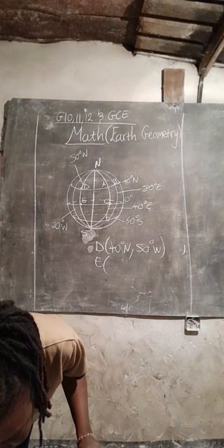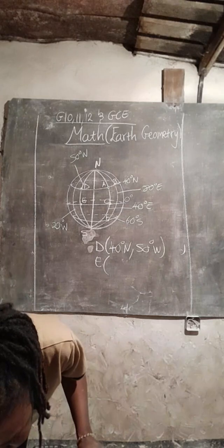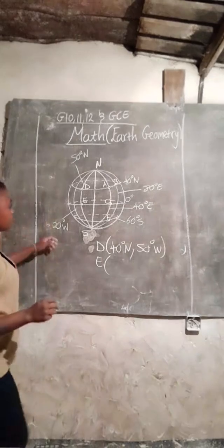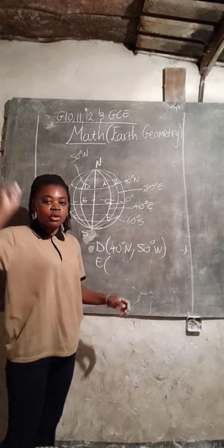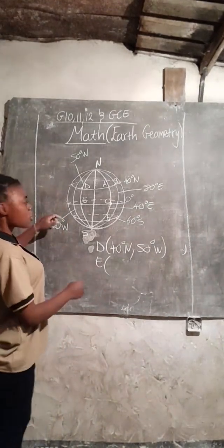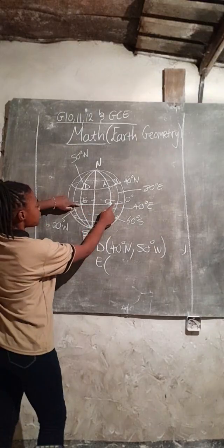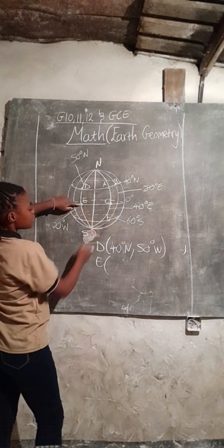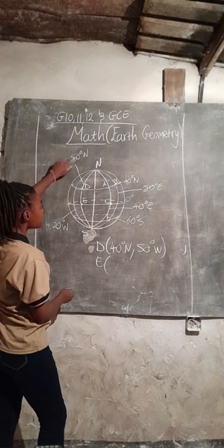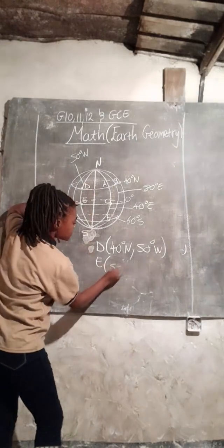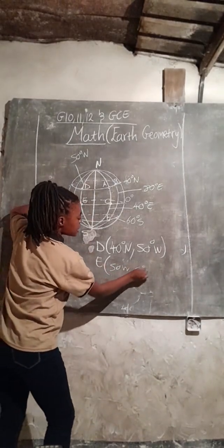Dumisani, good try. So people are saying 0. The one who started with 50, remember it is latitude, comma, longitude. So when you look at this point, it is on latitude 0 degrees, then longitude 50. So meaning we're not going to start with the longitude. We write 50 west, comma 0 degrees.